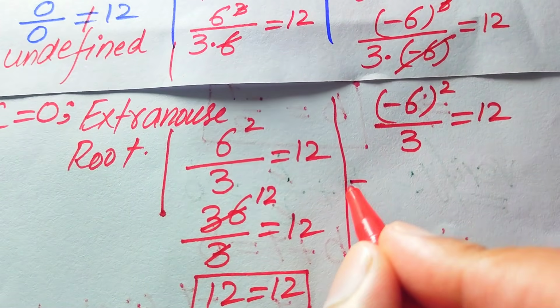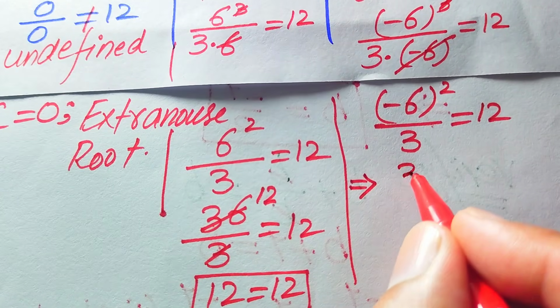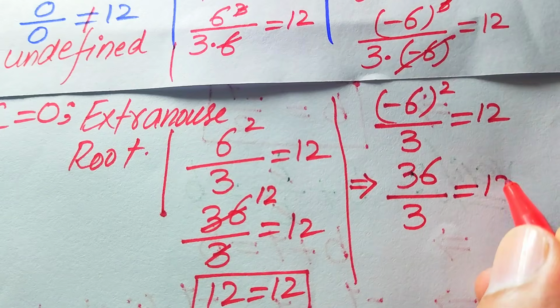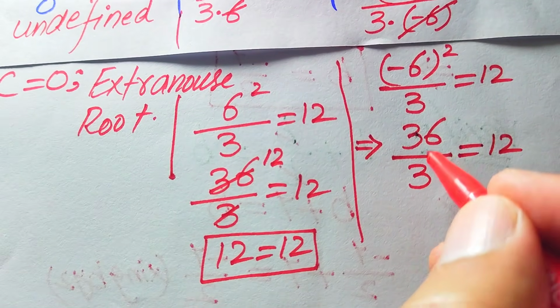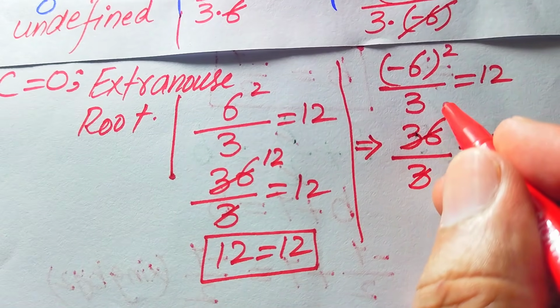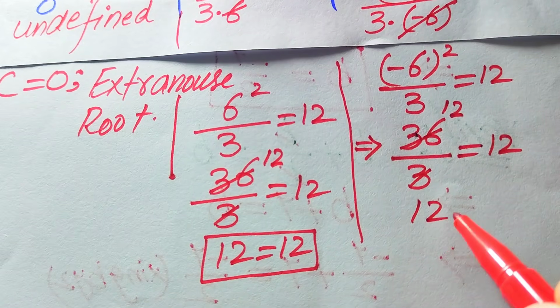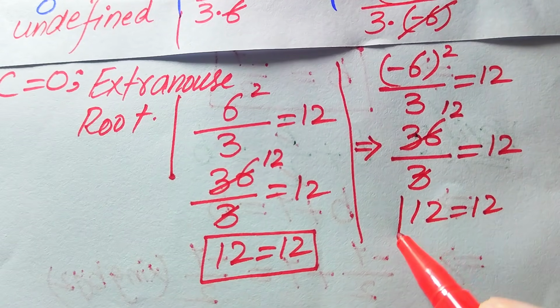Now in the next step, we have minus 6 square becomes 36 divided by 3 equals 12. Here we cancel these terms, and 3 ones are 3 and 3 twos are 6. Again you clearly see that we get 12 equals 12.